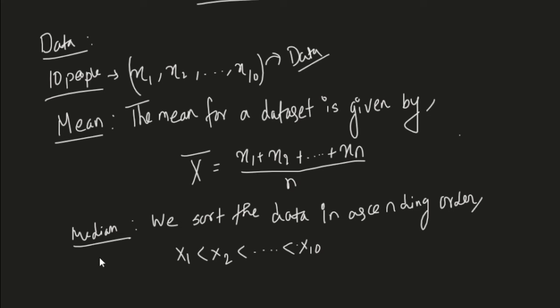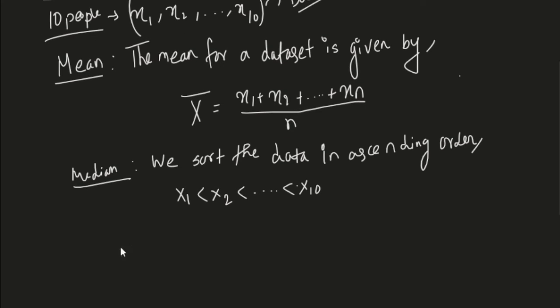After we are done sorting the data in ascending order, what we need to see is the middle points. Since there are an even number of them, there are two middle points, that is x5 and x6, and they contribute to the median m, which is given by the average of these two. And if it were not even, let us say we had 5 quantities, then there is only one middle number, that is the third one, so we only take that one, right?